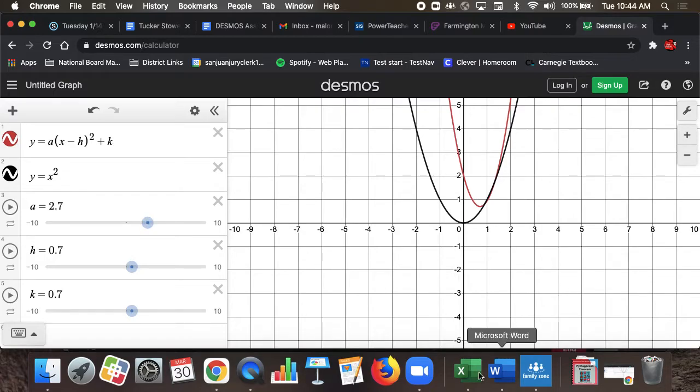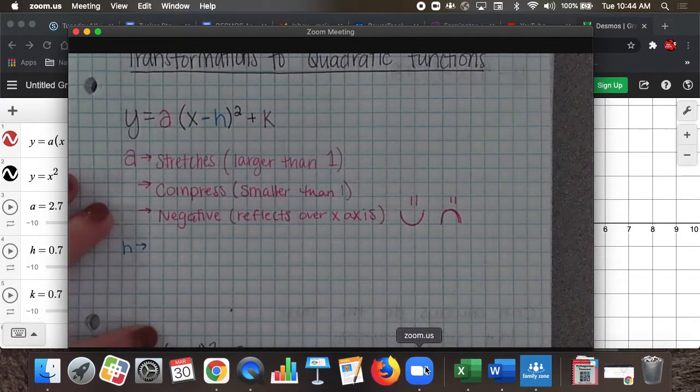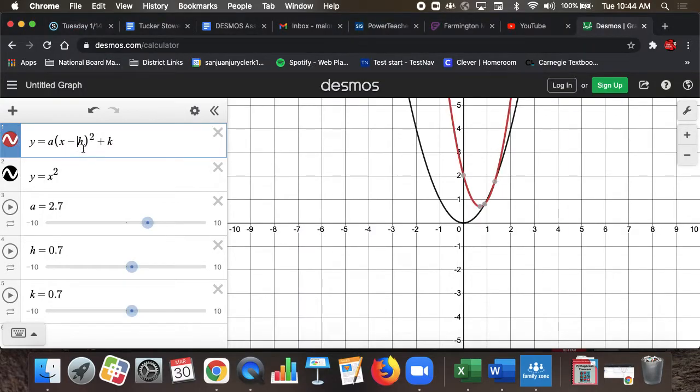The h, notice, and I'm going to make that a positive. The h moves it left or right, but remember it's the opposite direction. So when it is a positive 2, it actually moves left 2. So h is called a horizontal shift or translation, and it's always the opposite.